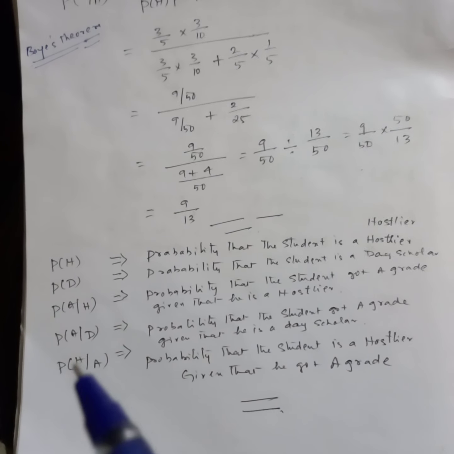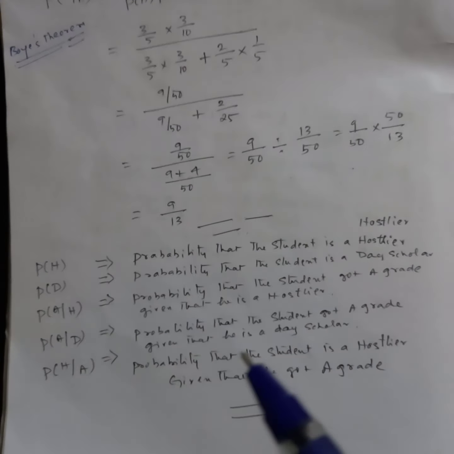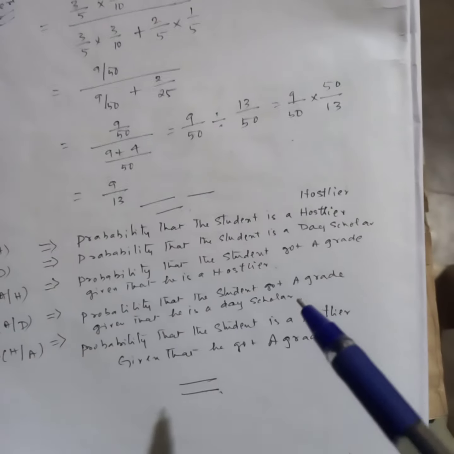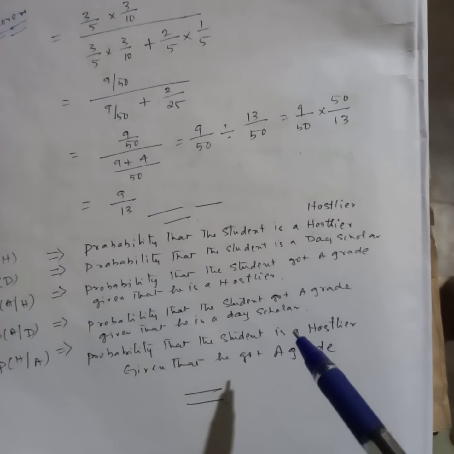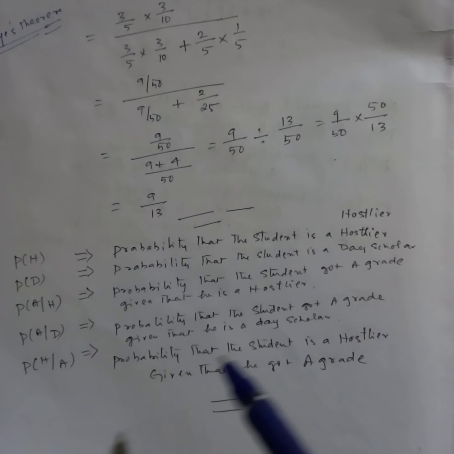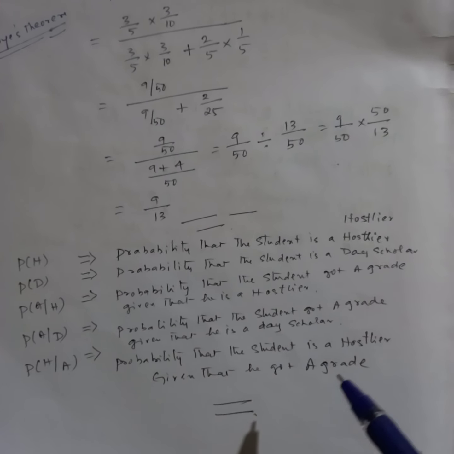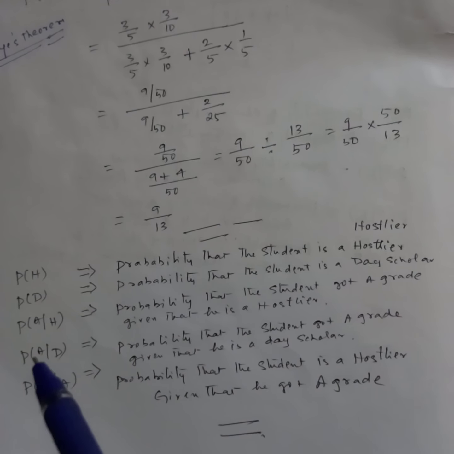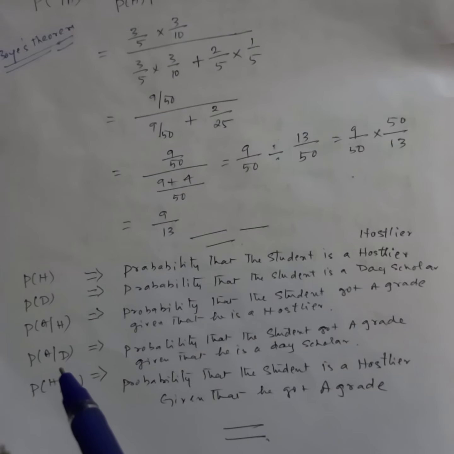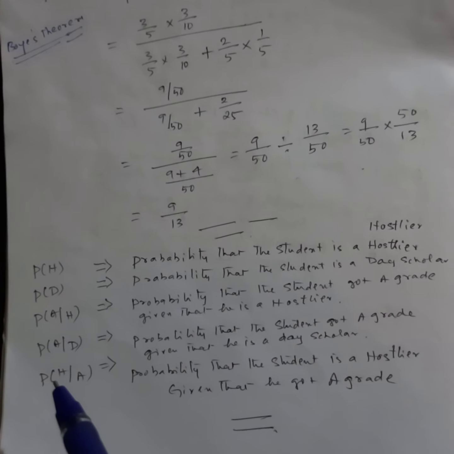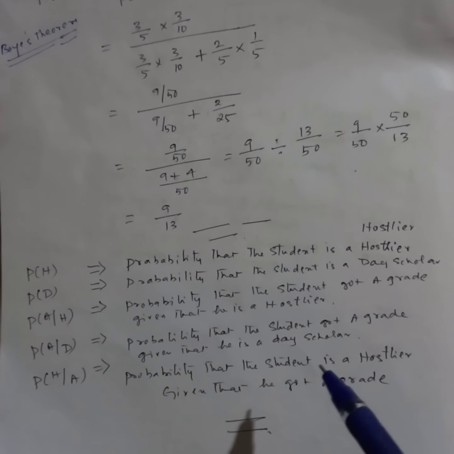Now probability of H bar A, that is probability that the student is a hosteler given that he got a grade. Probability that the student is a hosteler given that he has attained a grade.